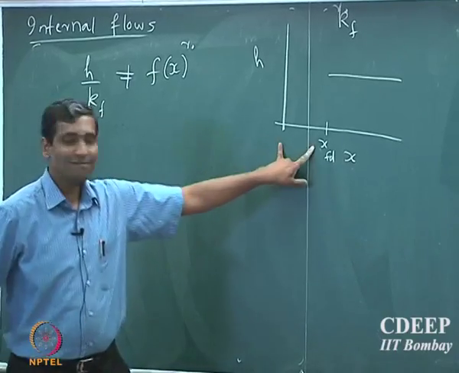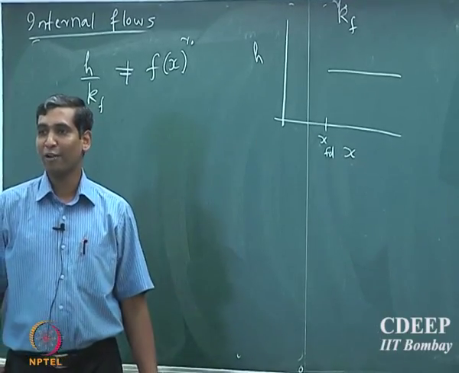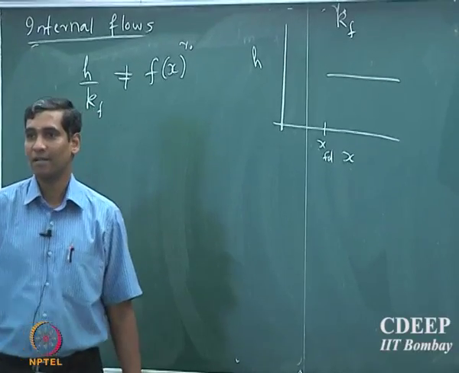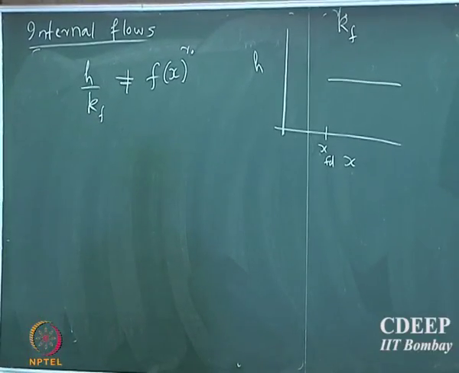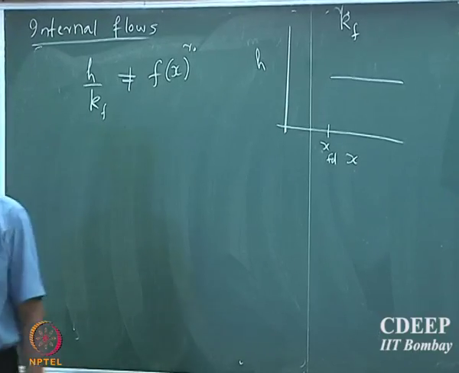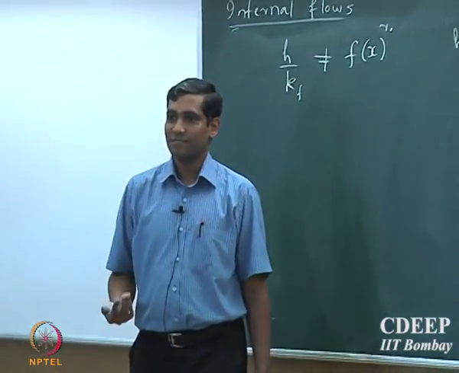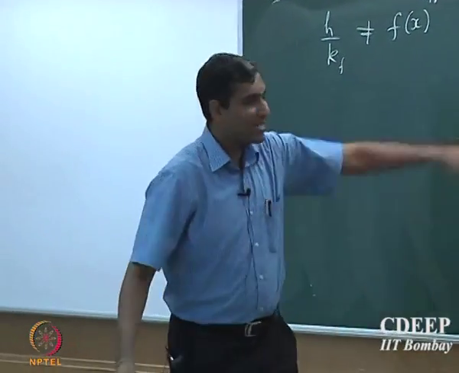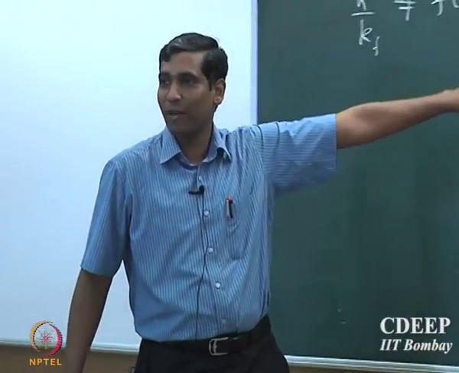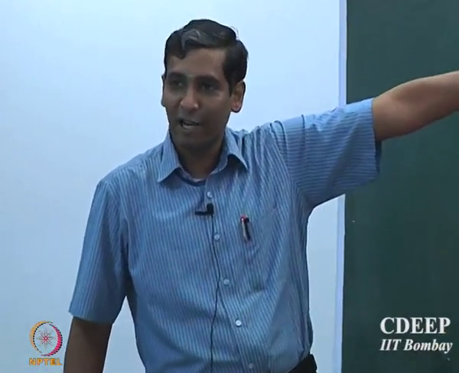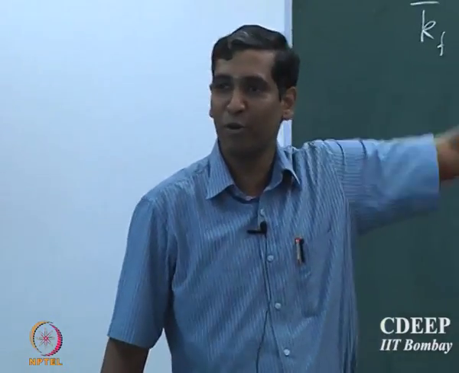What about this region? Will it be higher or lower? What would you guess? We'll see it in a little bit more rigorous way what will be the nature of the heat transport coefficient in that location, but what would you guess?